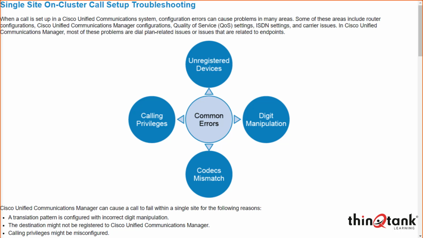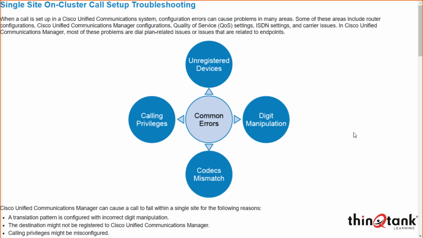Maybe different codecs need to be used. Maybe you need some sort of transcoding resource. A transcoder is a hardware component that allows me to convert a call from one codec to another. Maybe the endpoint that I'm communicating with doesn't support the codec that I'm natively configured with. Or maybe I'm running a G.711 codec and the destination requires a G.729 codec, which means I have to do some sort of hardware transcoding in that path.